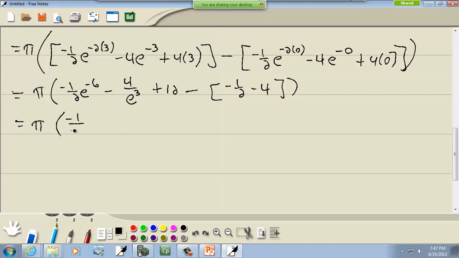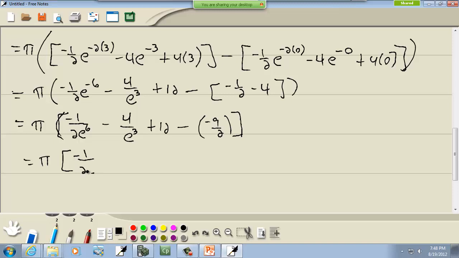This gives us negative 1 over 2e to the 6 minus 4e to the third plus 12 minus, and negative 4 times 2 is negative 8, and negative 1 is negative 9, so we got negative 9/2. So it's negative 1 over 2e to the 6 minus 4 over e to the third, 12 plus 9/2.